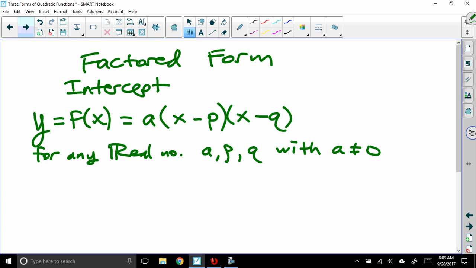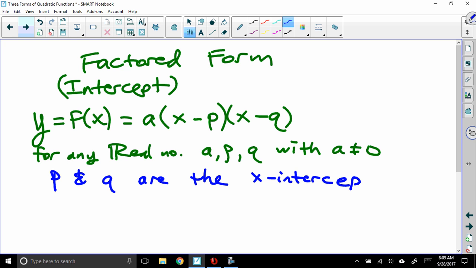I did mention that some textbooks call this intercept form. So I wonder what P and Q are. Anybody want to take a shot at it? X and Y intercepts? Not quite, but you're close. It's one or the other. P and Q are the x-intercepts.